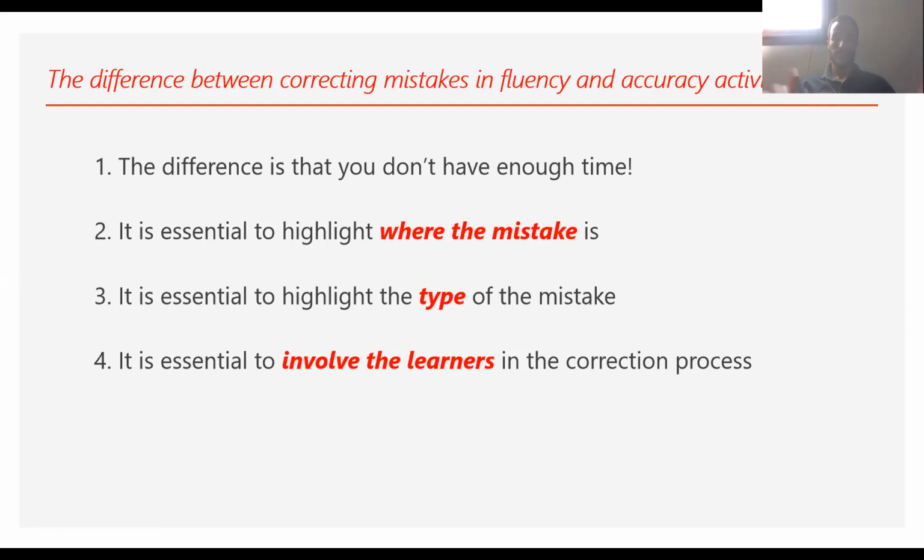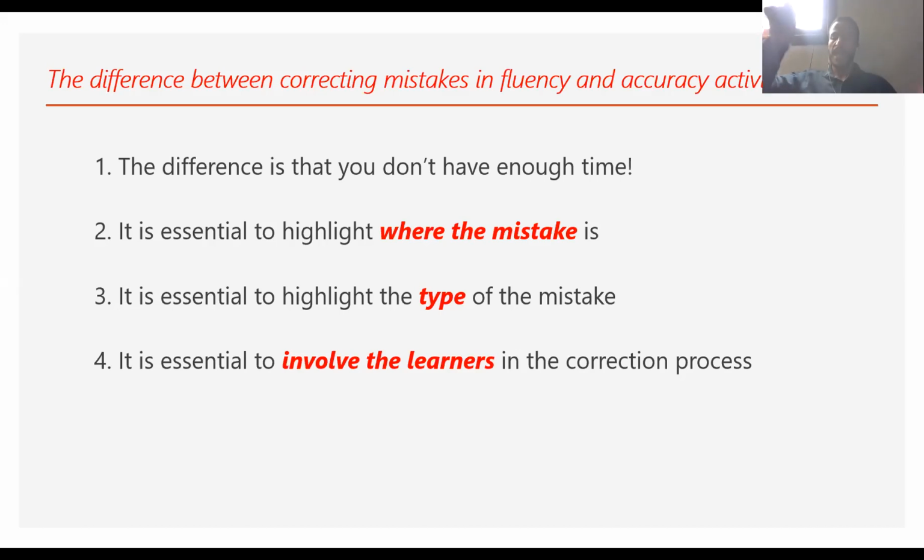Number two, it is essential to highlight where the mistake is. How? You can underline, you can point, etc. Number three, it is essential to highlight the type. What type of mistake? Bob play tennis every day.